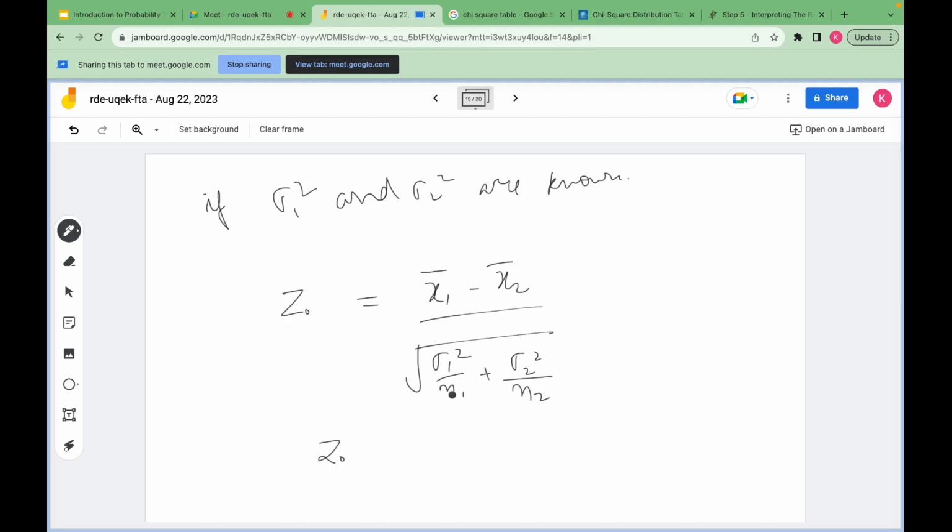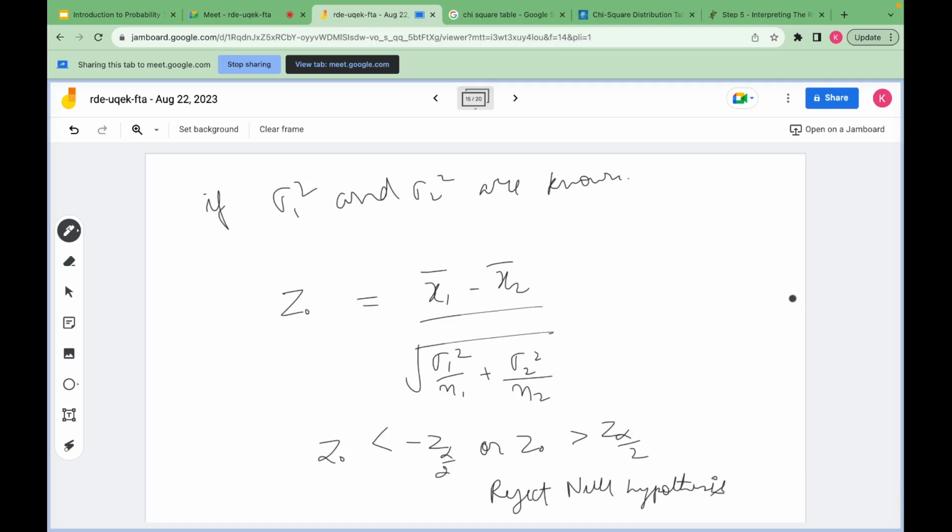And if this is less than minus z alpha by 2 or greater than z alpha by 2, reject the null hypothesis.